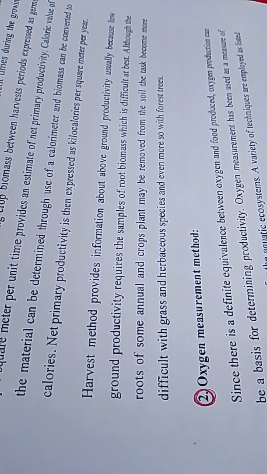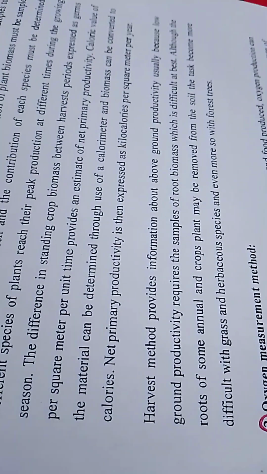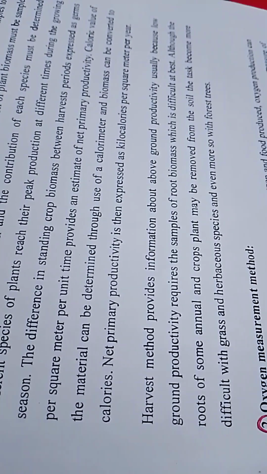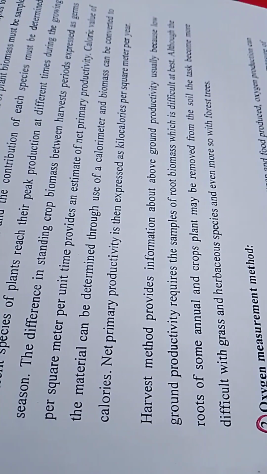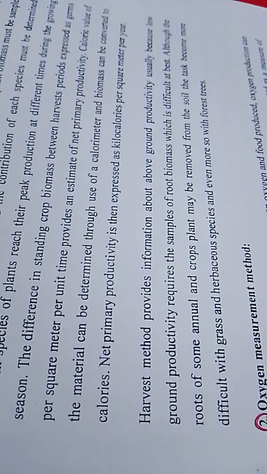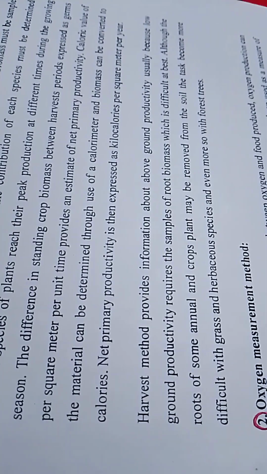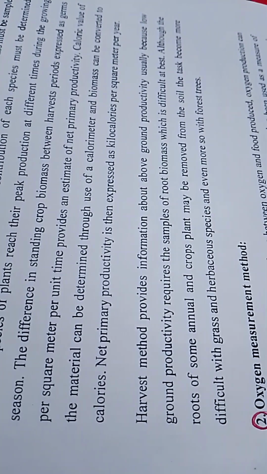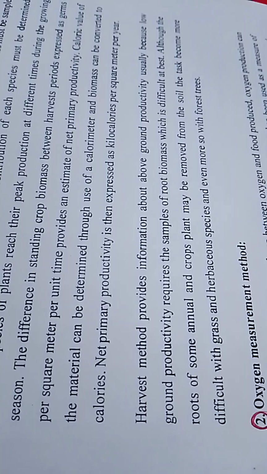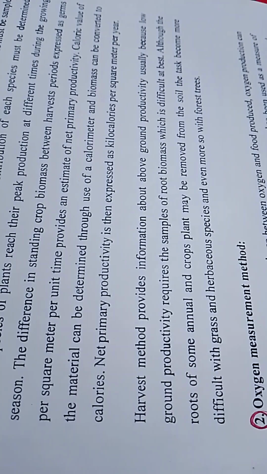The technique involves removing vegetation at periodic intervals and drying the sample to a constant weight to obtain an accurate estimate. The production of plant biomass must be sampled throughout the growing season and the contribution of each species must be determined.